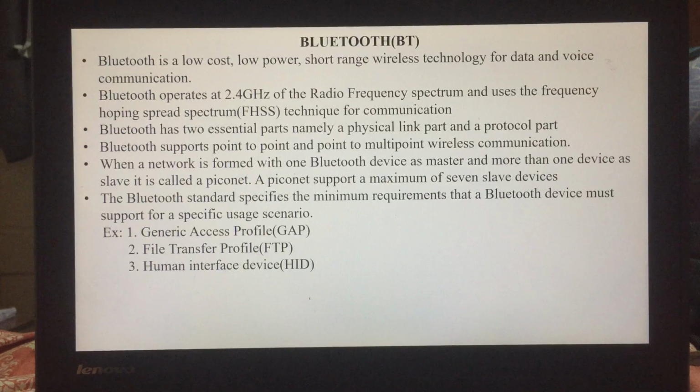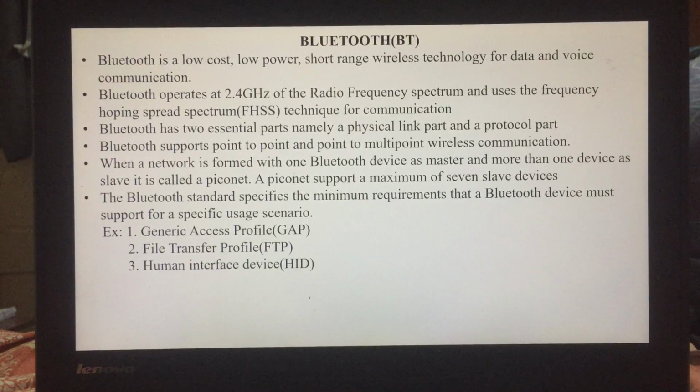Frequency hopping spread spectrum is the method of transmitting radio signals by rapidly changing the carrier frequency among many distinct frequencies occupying a large spectral band. It supports data rates up to 1 Mbps and a range of 30 feet for data communication.